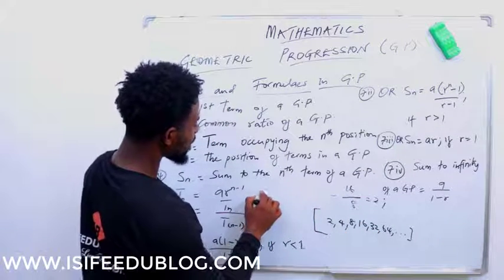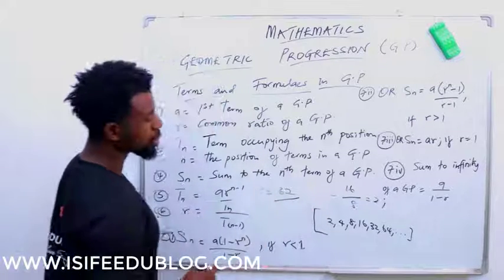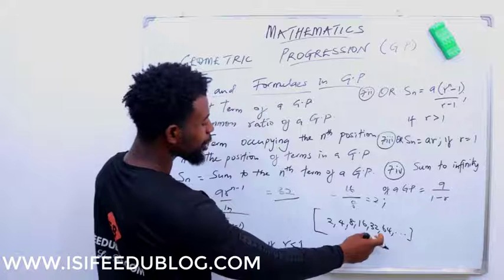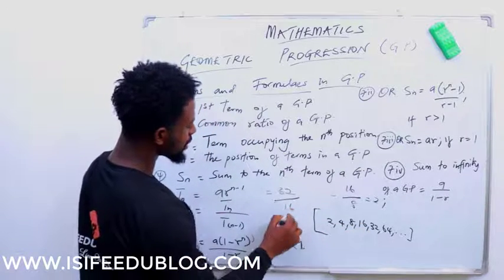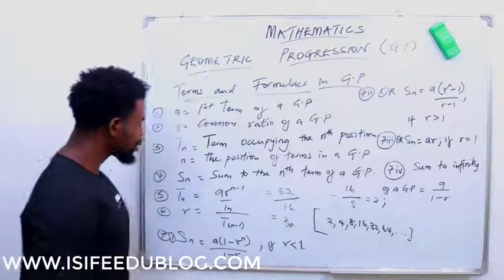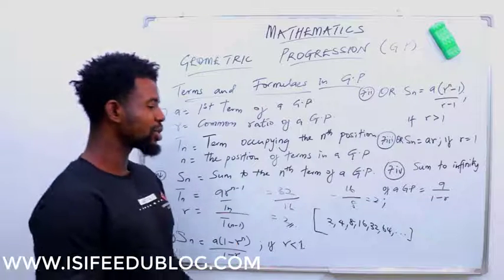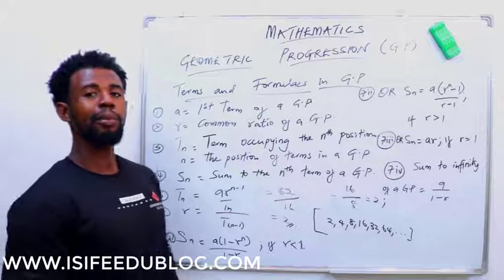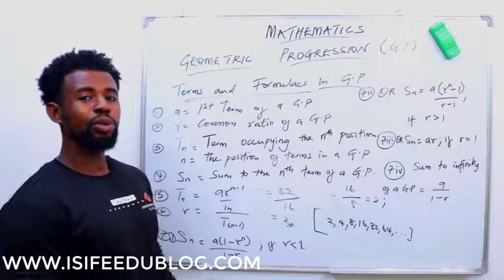From here, we have that our R is equal to the number occupying our fifth position all over the number occupying its preceding position, and that is 16. So 32 all over 16, and this will give us 2. So anytime we want to find our common ratio, we just pick the term occupying any particular position and divide it by the term occupying its preceding position. In that way, you'll always get your common ratio.